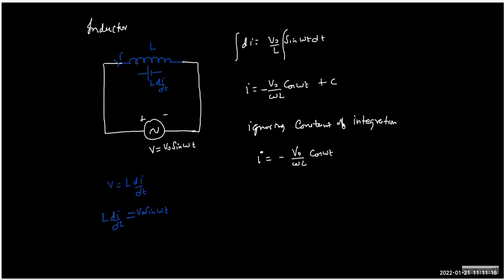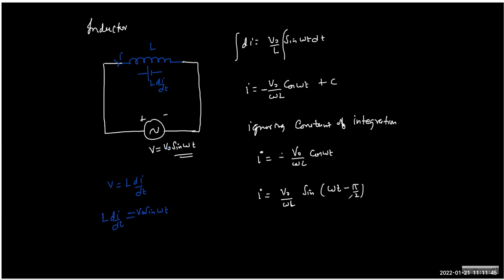And as I said, we always need to compare with the reference, which is sine. So if you write this in terms of the reference, this will become sine of omega t minus pi by 2, because if you first take the minus common, the minus will come here, and then sine of 90 minus theta is cos theta.